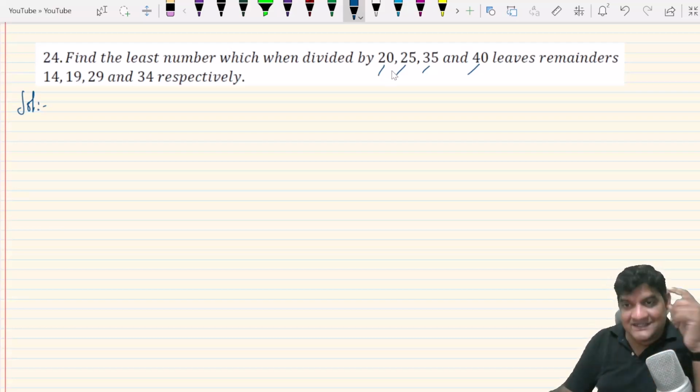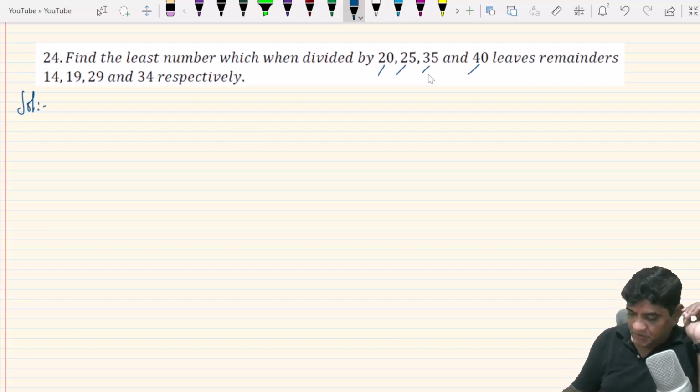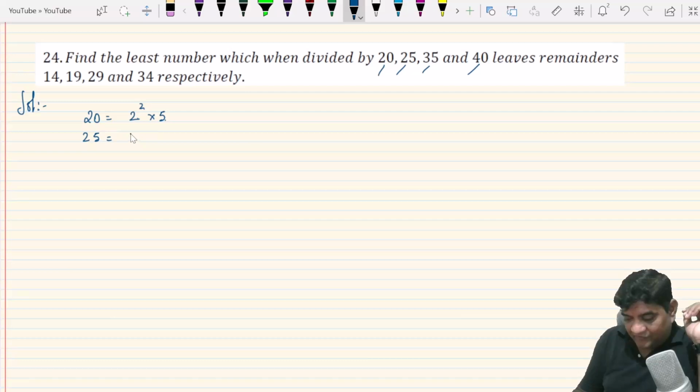Now, what is that number which is divisible by 20, 25, 35 and 40? LCM. Let's find out the LCM first. So, 20 is 4 into 5, so that's 2 square into 5. 25 I know is 5 square. 35 is 5 into 7. 40 is 8 5s are 40, so that's 2 cube into 5.